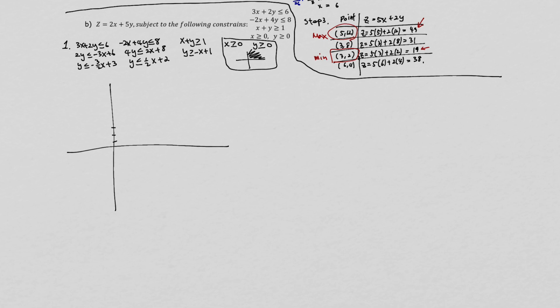And then you go down 3 from this point, move right 2, and you get that point. Draw the straight line. This is y less than or equal to negative 3 over 2x plus 3.